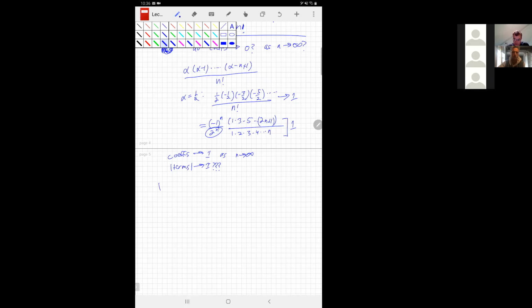Our terms are x to the n times negative 1 to the n over 2 to the n factorial, 1 times 3 times 5 times 7 dot dot dot 2n. Is it 2n plus 1? 2n minus 1. My bad. 2n minus 1.